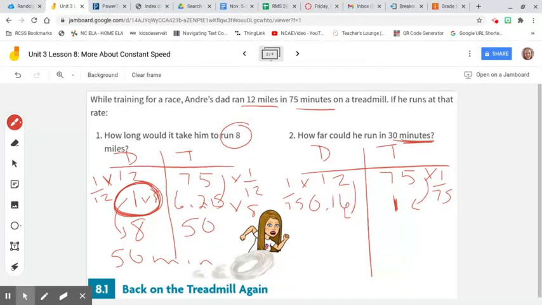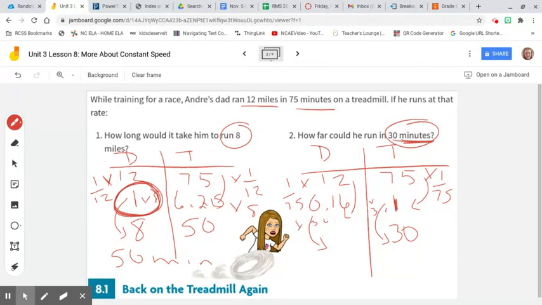So in 1 minute, Andre's dad could go 0.16 of a mile. Now it wants us to know 30 minutes, so we put our 30 minutes under the time. How do we go from 1 to 30? We multiply the 1 times 30, which means to go from 0.16, we multiply times 30.